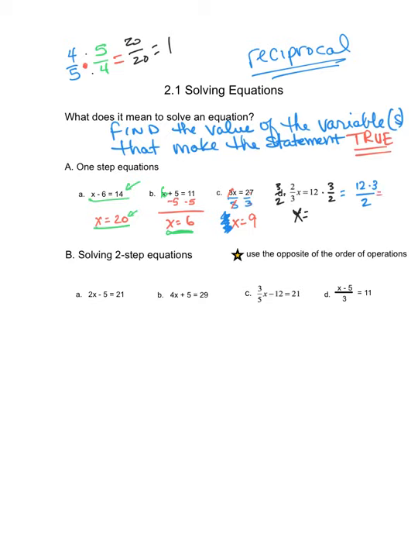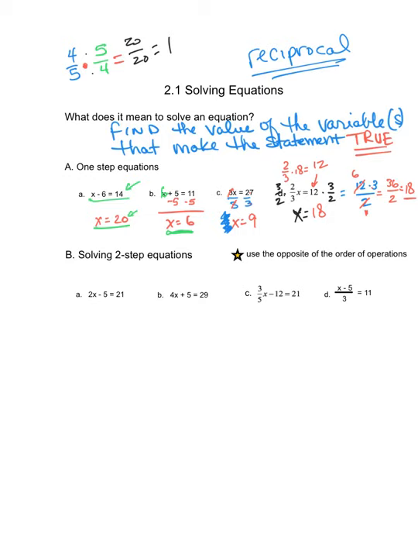Now, some people would say, look, Richards, couldn't I just multiply 12 times 3 and get 36 divided by 2, which reduces to 18? Yes, you can. Or the 2 and the 12 have a common factor of 2. If you reduce it, you get 1 and 6, and then 6 times 3 is 18. Either way, you're going to get 18. And 2/3 times 18 is 12. So we have found the value that makes it a true statement.